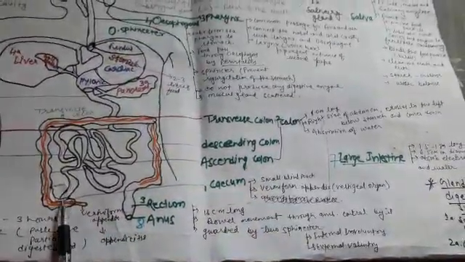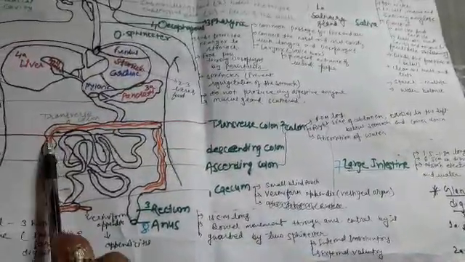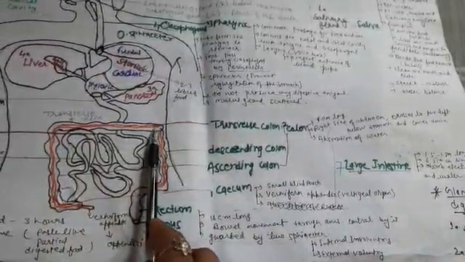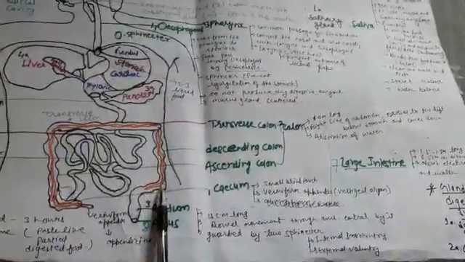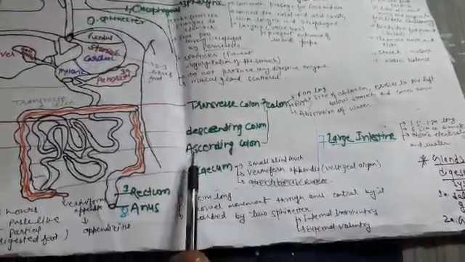Now from the caecum the food comes into the next part of the intestine, that is the colon. The colon is divided into three parts. This one is the ascending colon, this one is the transverse colon, and this one is the descending colon. Now firstly we study the ascending colon.